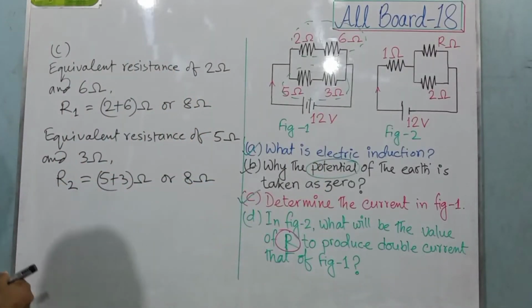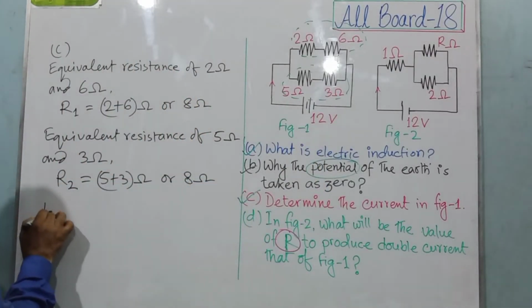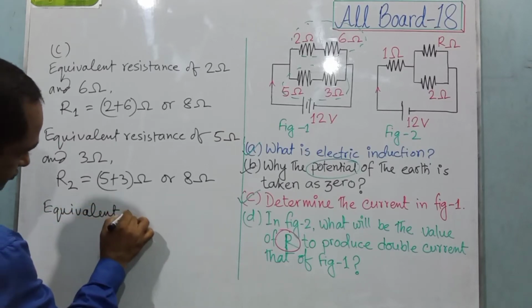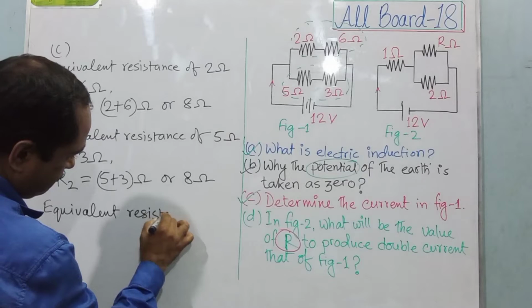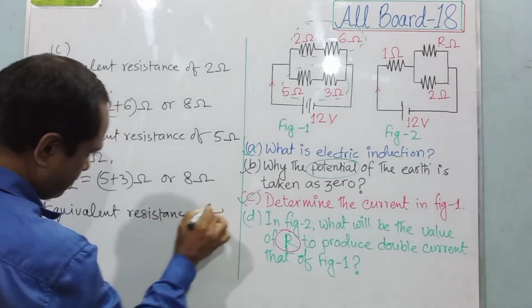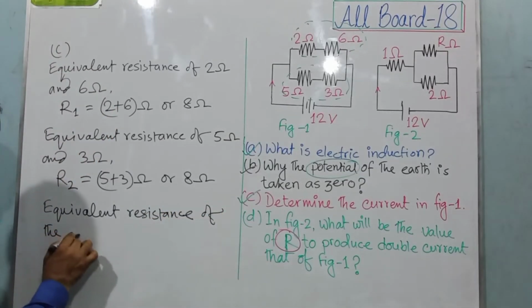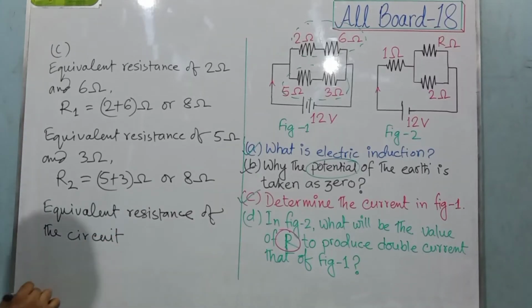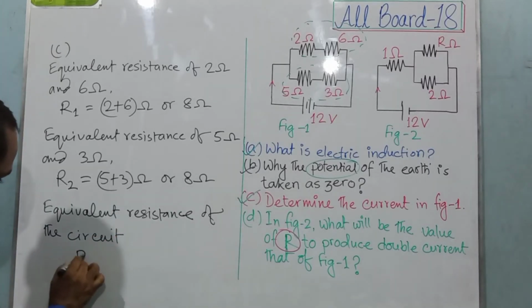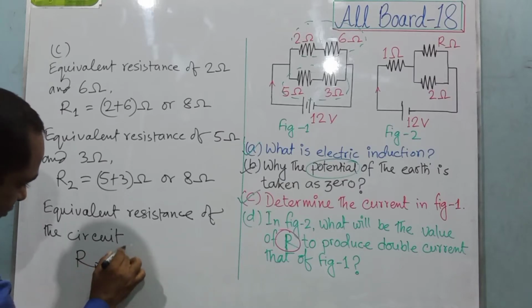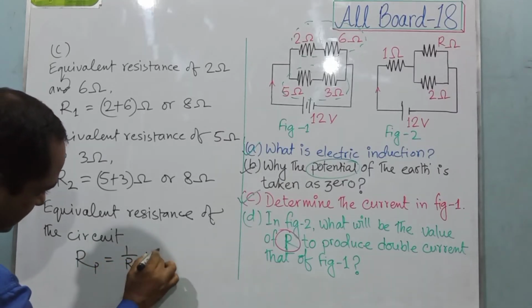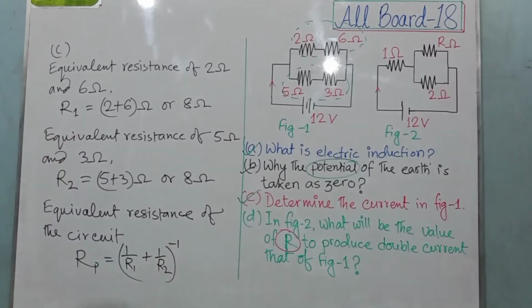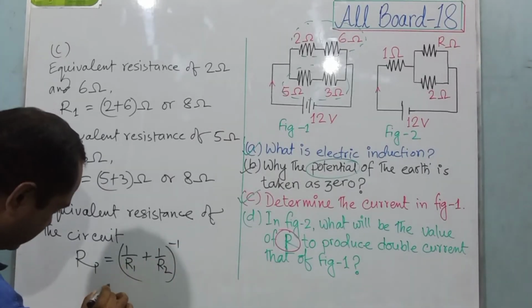So the equivalent resistance of the circuit, if denoted by Rp, then Rp is equal to the inverse value of 1 by R1 plus 1 by R2.